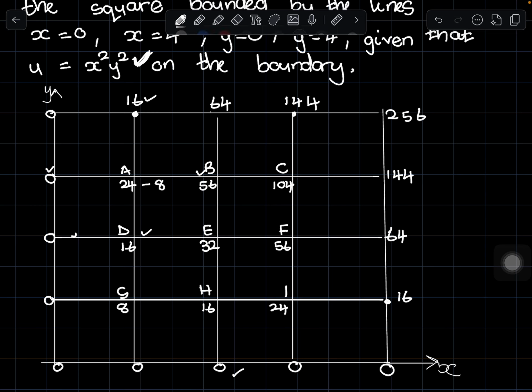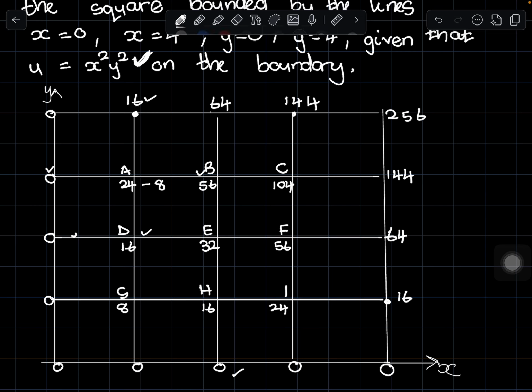So it's minus 8 there. Okay. And then next residual. This one we can find our residuals following our order there. So what do we do for the next residual? We say 24 plus 104 plus 32 plus 64 minus 4 times 56. Right, so you punch that in your calculator.